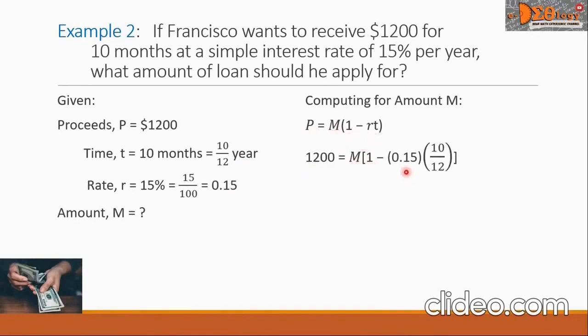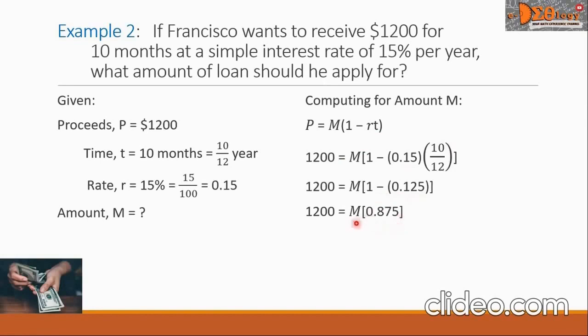R now becomes 0.15 times the time, that is 10 over 12. Let us simplify further. First, let us get the product of 0.15 and the 10 over 12. The same value we will get, 0.125. The difference of 1 minus 0.125 is 0.875.